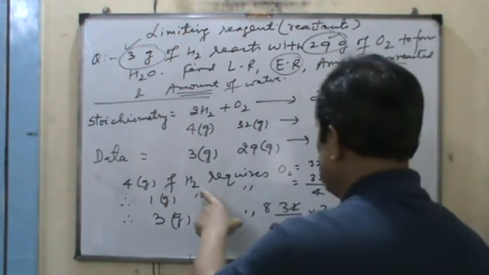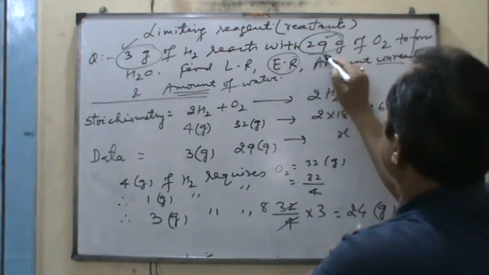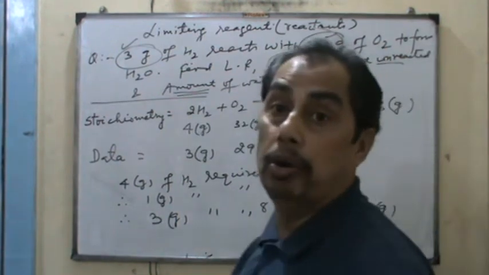Now, how much oxygen does hydrogen need? 24 gram. But the supplied oxygen is how much? 29 gram, which is more.